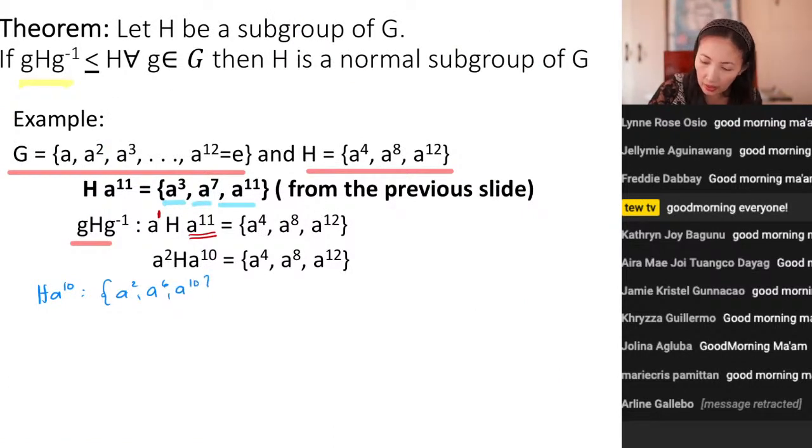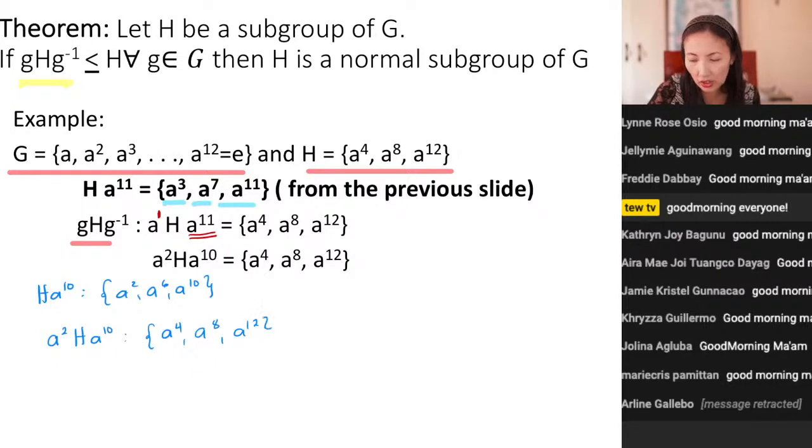So if we now find a squared, H, a to the 10, what will this give us? We simply multiply a squared to each member of H a to the 10. a squared times a squared is a to the 4th. a squared times a to the 6 is a to the 8. a squared times a to the 10 is a to the 12.